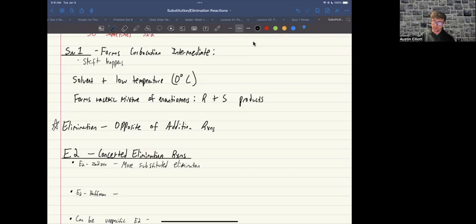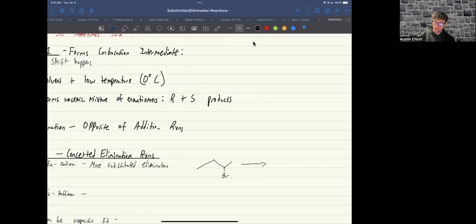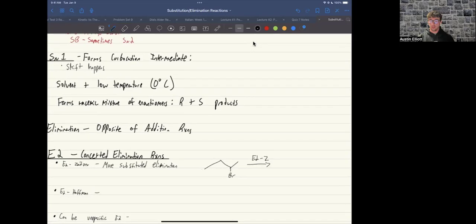So if we look at something like this, and we have our bromine right there, and then it's E2Z, with whatever base we would need for that in this case, and we eliminate. So Zaitsev would look something like this. Go into that center because it's 2' 2' there.